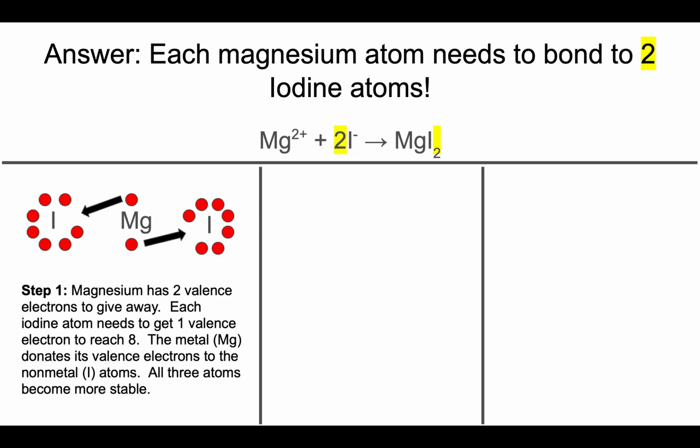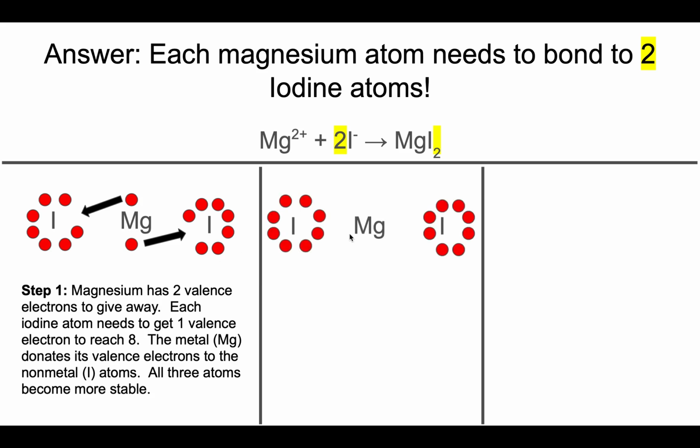So what's going to happen is magnesium has 2 valence electrons it's trying to give away. Each iodine atom needs to get 1 valence electron to reach 8. So the metal magnesium atom is going to donate 1 valence electron to each of the 2 nonmetal iodine atoms. And in this process, all 3 atoms become more stable.